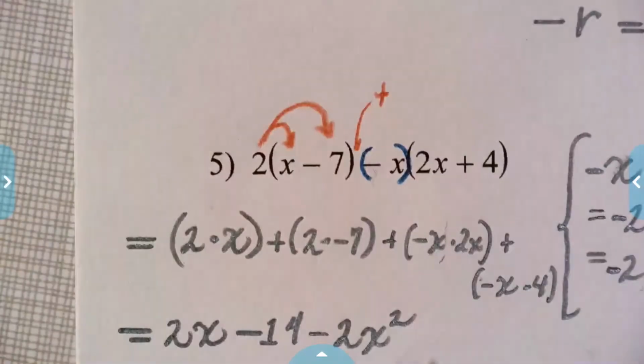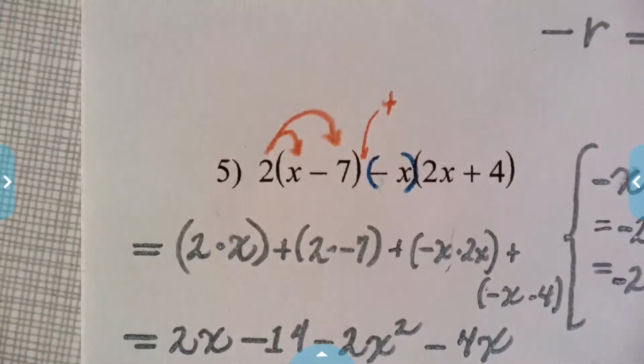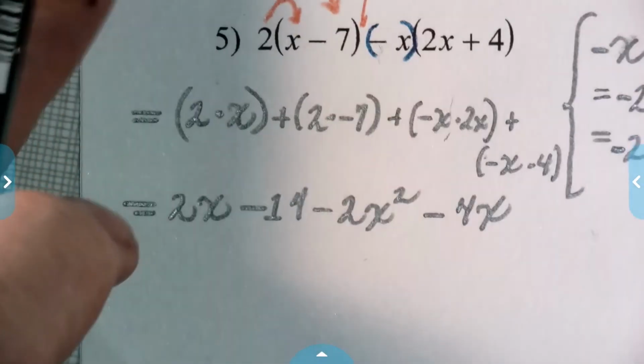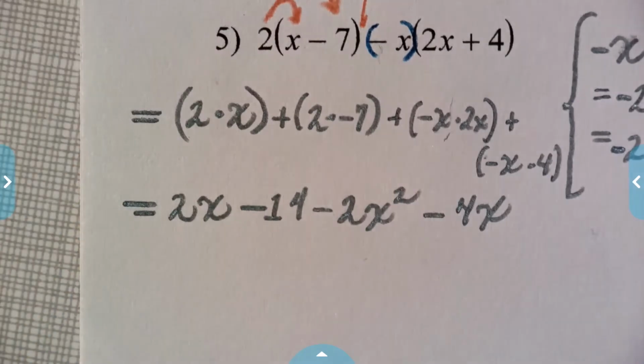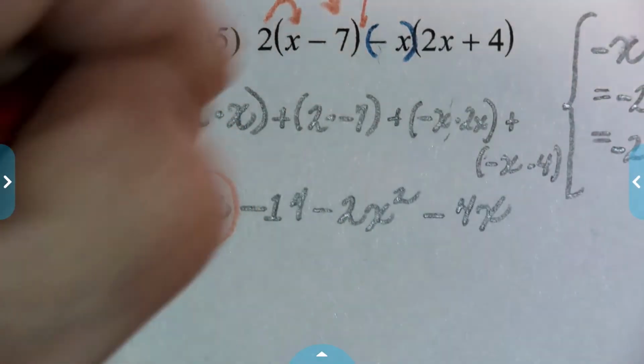Okay, so we'll put minus 2x squared. And then we have negative x times 4, so minus 4x. Okay, so there are some like terms here. The 2x and the negative 4x can go together.